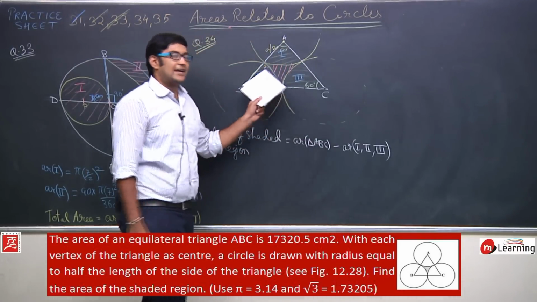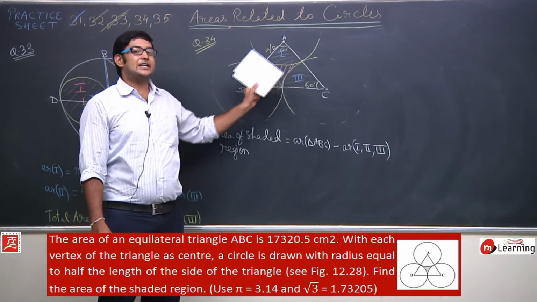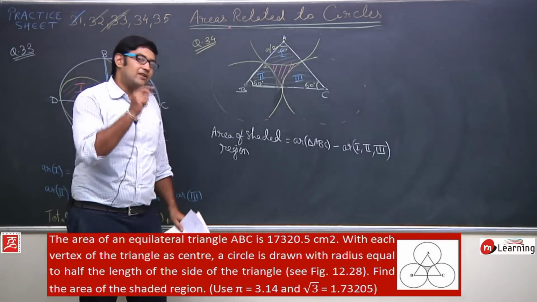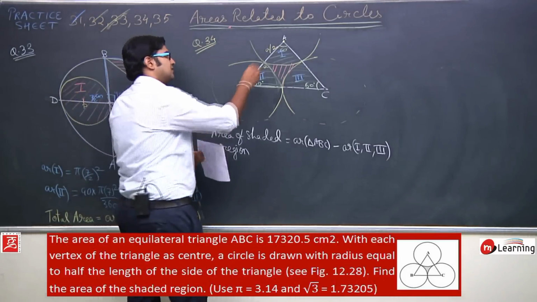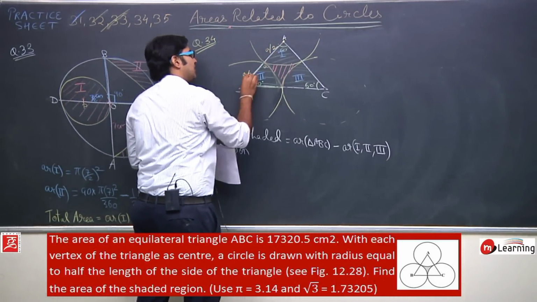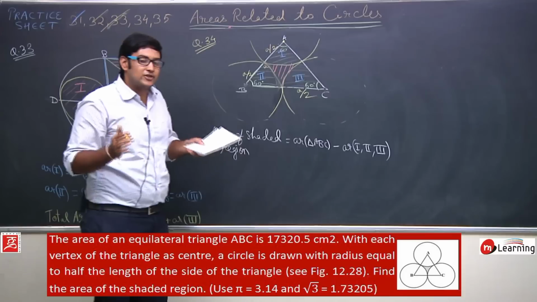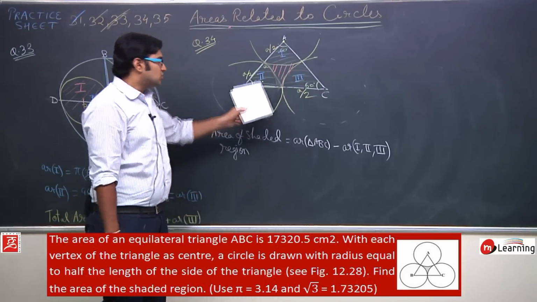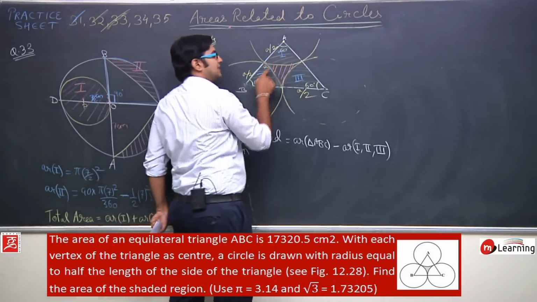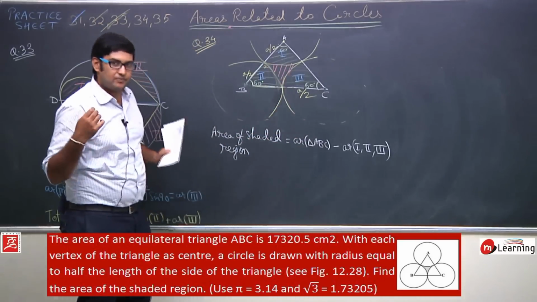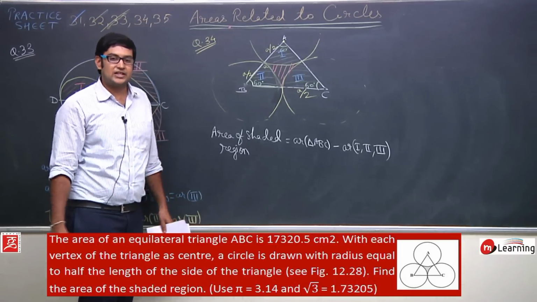The angle subtended by these three sectors is 60 degrees, 60 degrees and 60 degrees, and the radius of these three sectors is a by 2, a by 2 and a by 2, where a is the side of the triangle. So the area of all these three regions will be the same, with no difference between them. So let us calculate the area of these three regions.